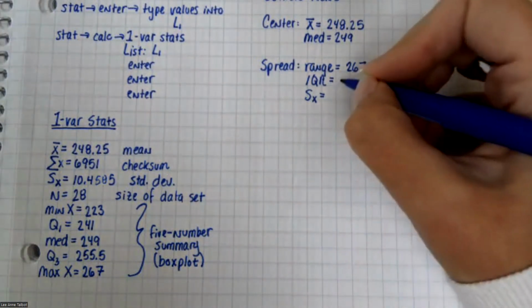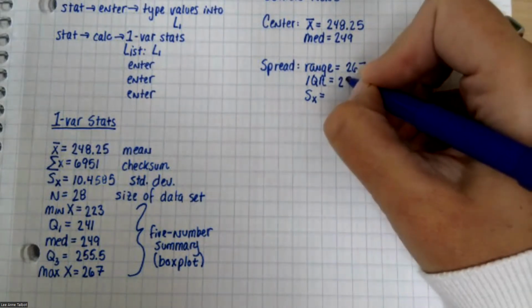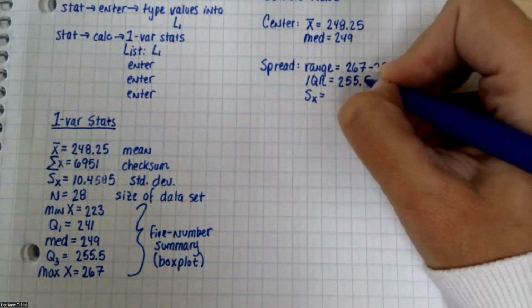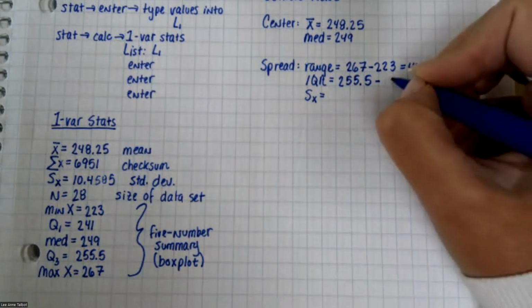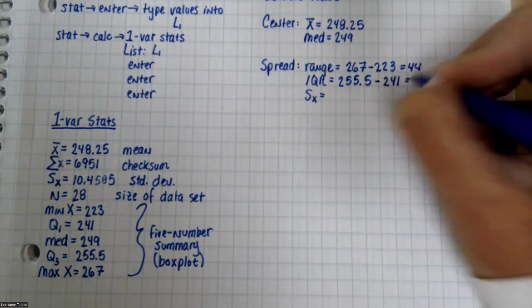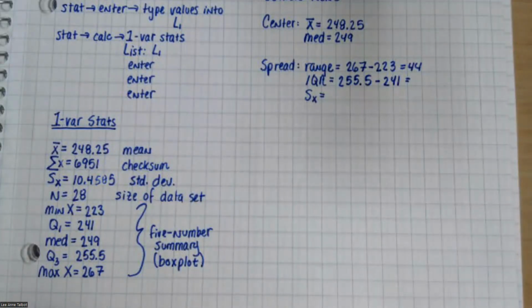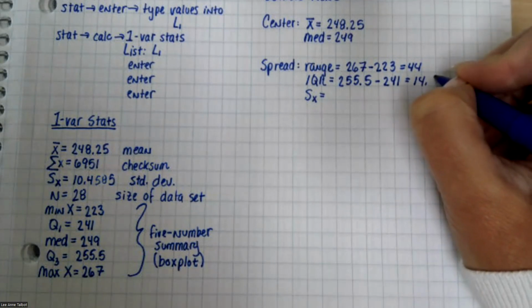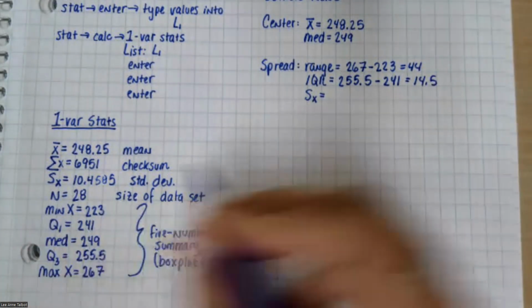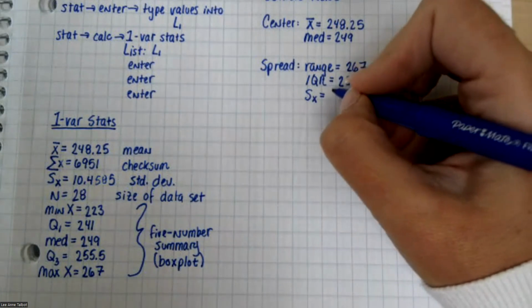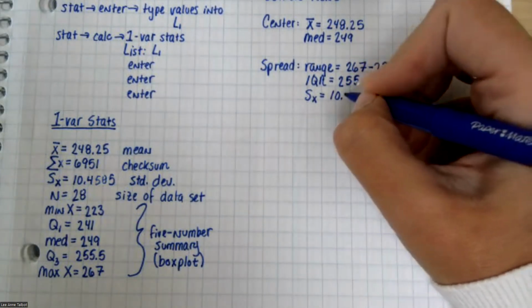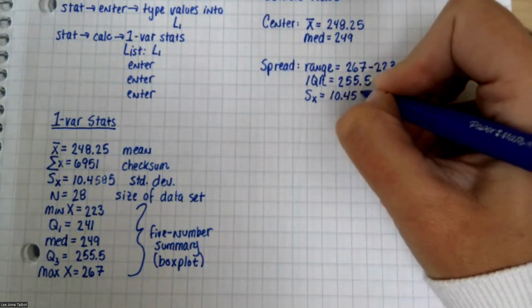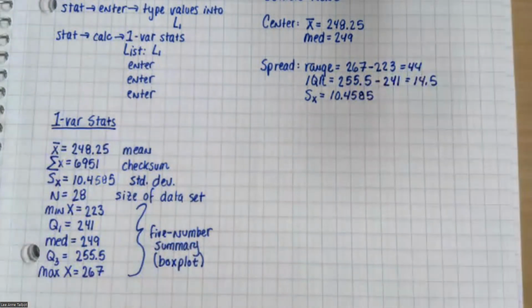IQR is quartile 3 minus quartile 1, 255.5 minus 241, 14.5. Standard deviation, we can just copy over. 10.4585.